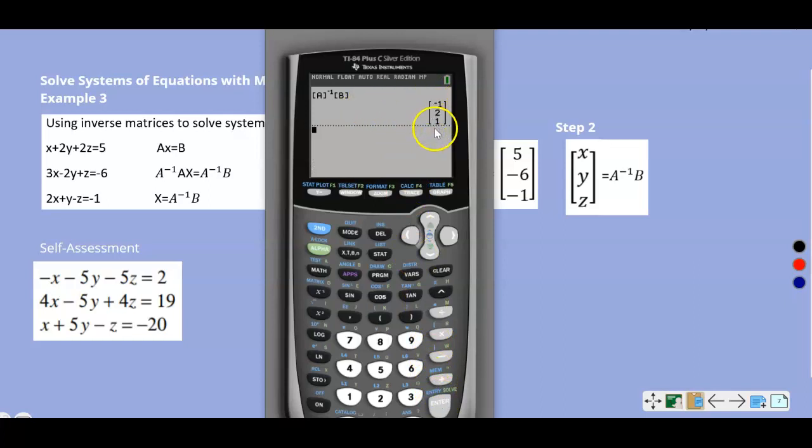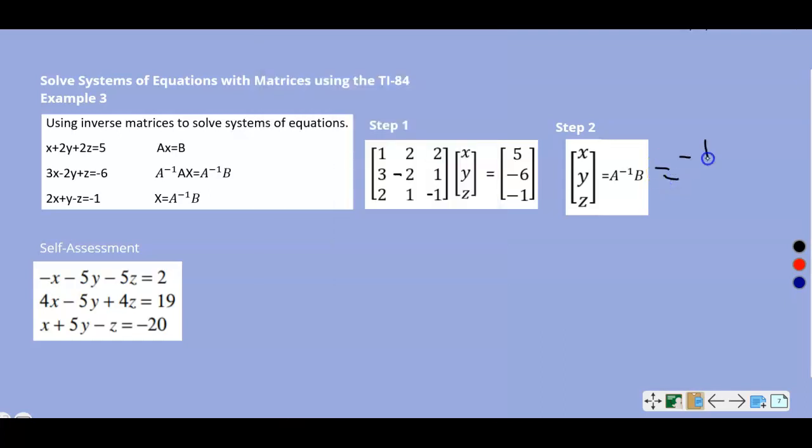The elements were saved in there. So now it will solve: negative 1, 2, 1. So that would be negative 1, 2, 1. X would be the first one, Y would be the second one, and Z would be the third one. So again, you can solve these by graphing, substitution, elimination. Now you can solve these with matrices.